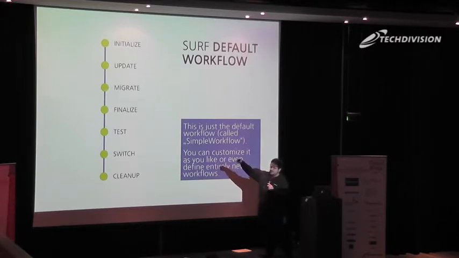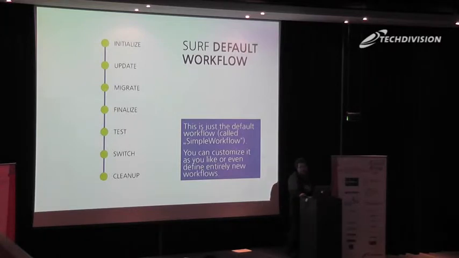Yes, then in the test stage, you can test your new release. You could, for example, rerun all your unit tests. Won't be necessary in our case because we have Jenkins to do that. But you could, for example, also use the test stage to perform a rudimentary smoke test. There are also already tasks for that.